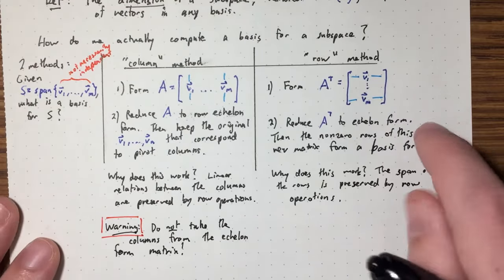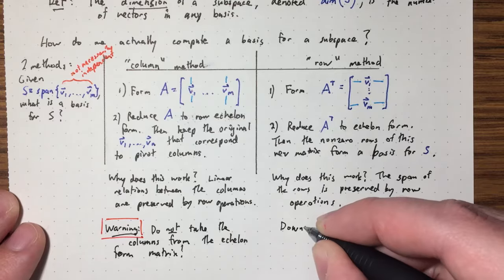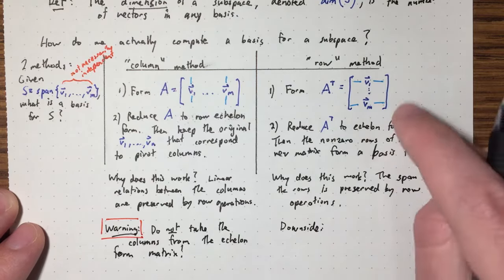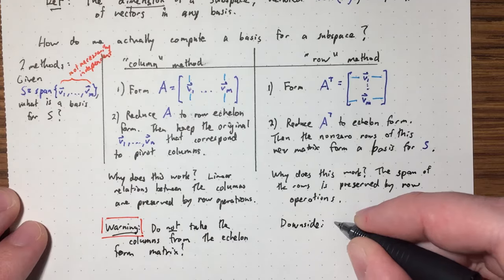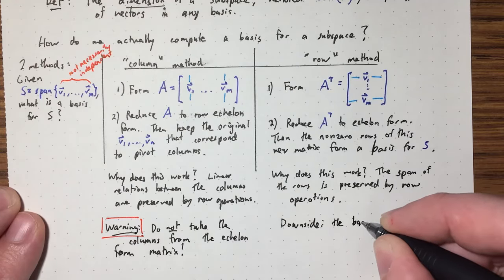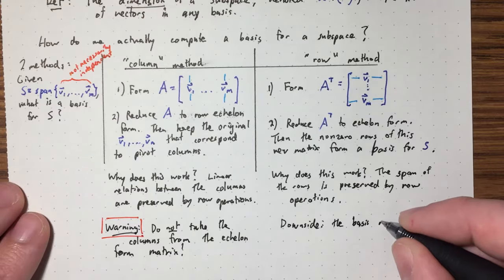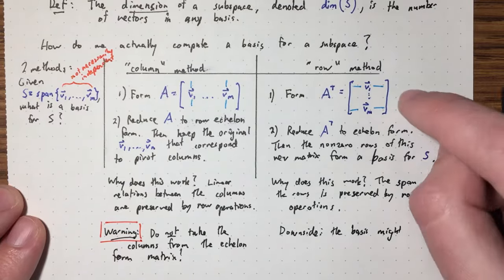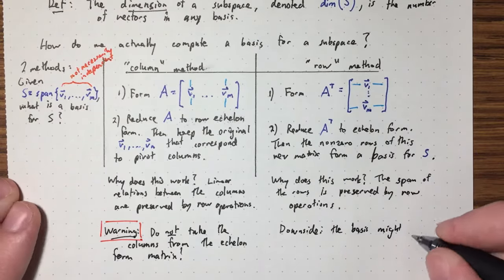And with the second method, there's also a downside. The basis I get from using this second method might not include any of the original set. It might be completely new, because in this case I am taking the non-zero rows I get once I get down to echelon form.